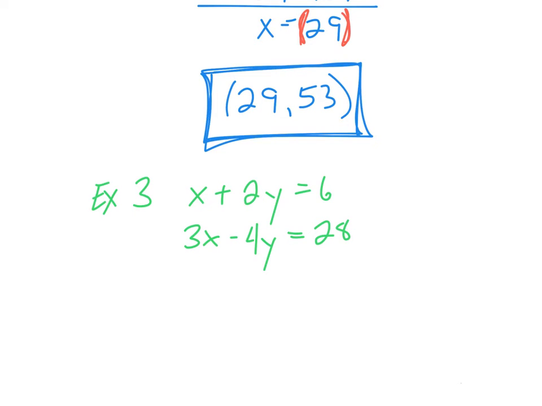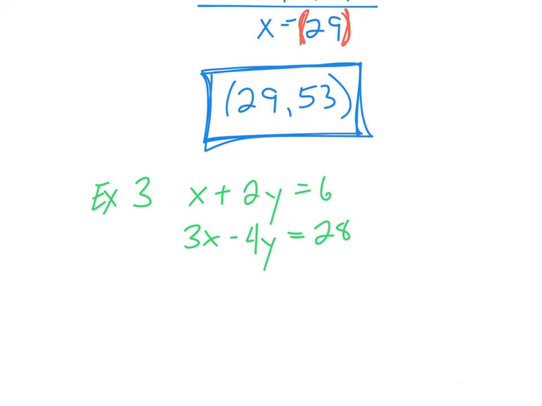In the bottom equation, x has a coefficient of 3, and the variable y has a coefficient of -4. In the top equation, the variable y has a coefficient of 2. And here, the variable x in the first equation has a coefficient that is empty, so it is understood to be a 1. That's the one that we want to play with.